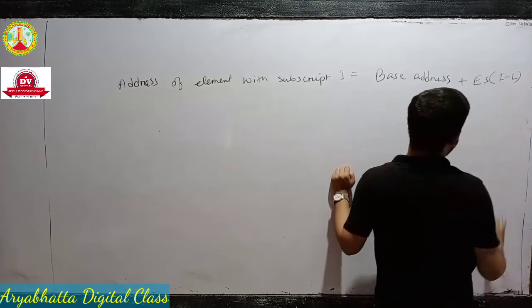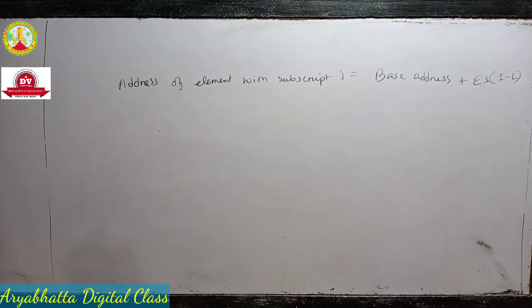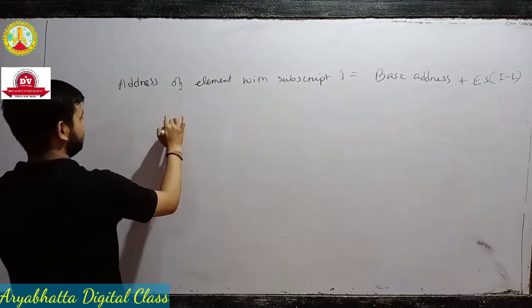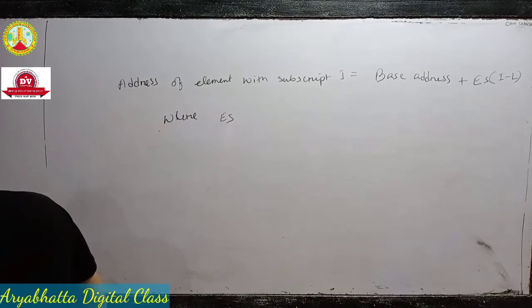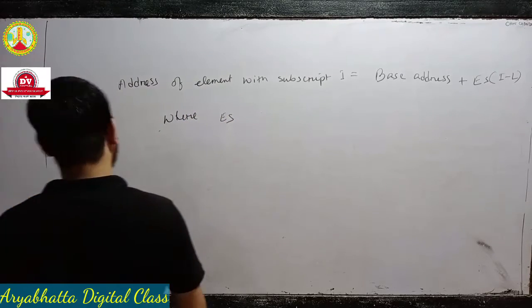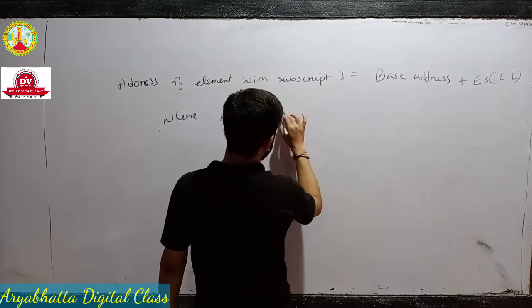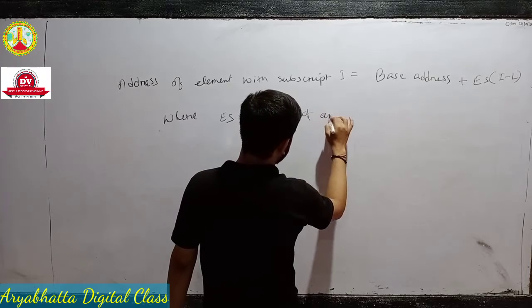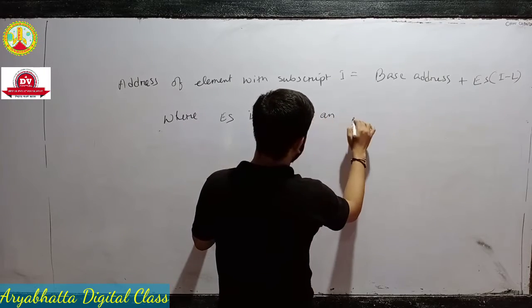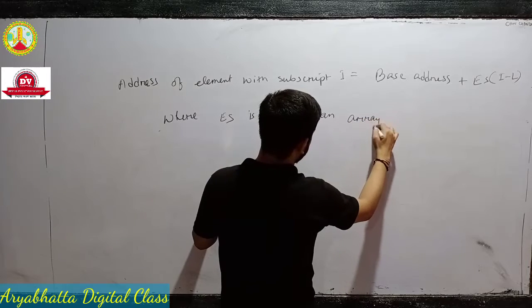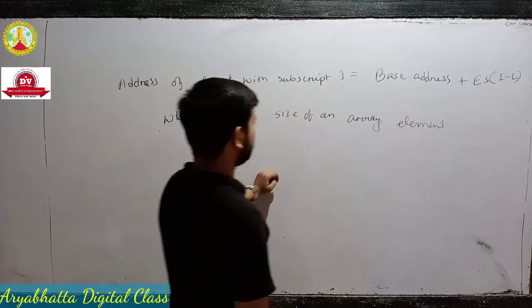Times bracket I minus L. Now we have to write what ES means and what L means. ES is the size of an array element.